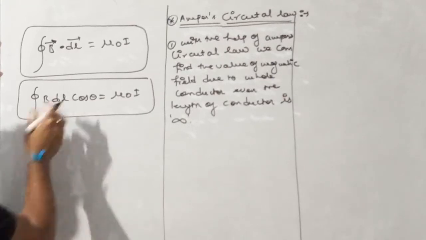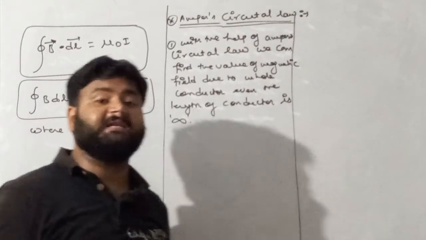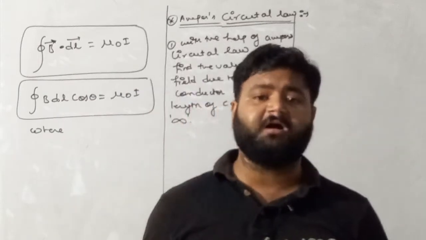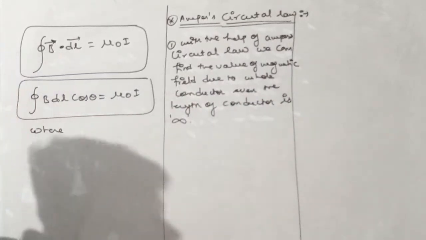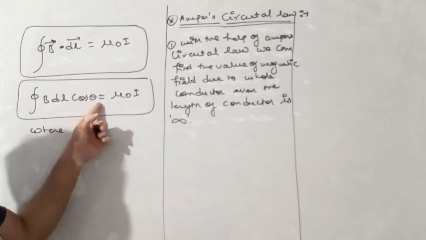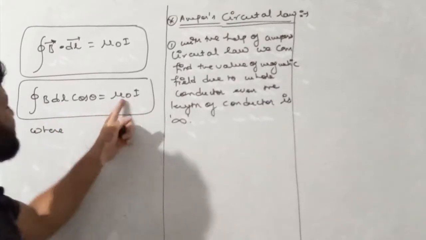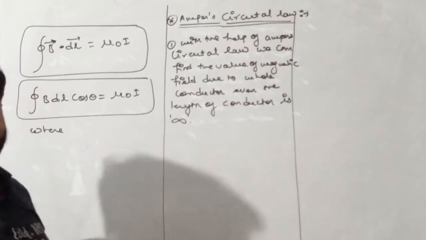See my dear students, this formula is very similar to Gauss's law, which we already studied in chapter first. In Gauss's law, the formula was E dA cos theta equals q over epsilon naught. I hope you are all aware of the formula.